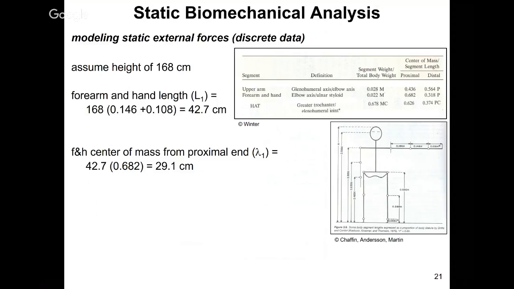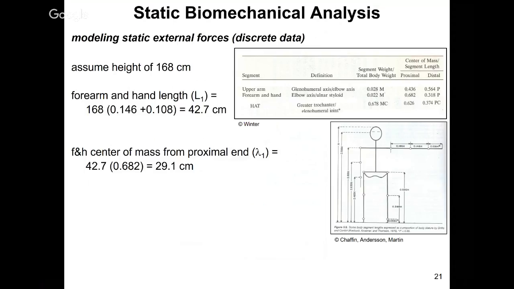And then lambda 1 is what I'm going to call the length of the center of mass for the forearm and hand. So just so you can translate between the notes and what I'm doing right now. Center of mass, COM. Or if it's easier, we could just say length to the dumbbell for that one.